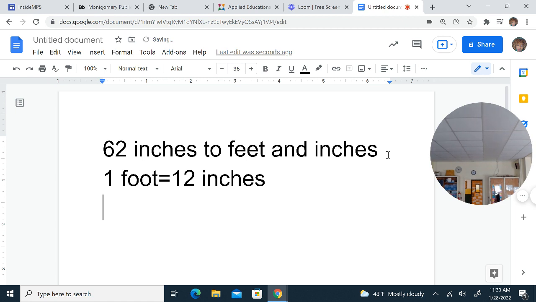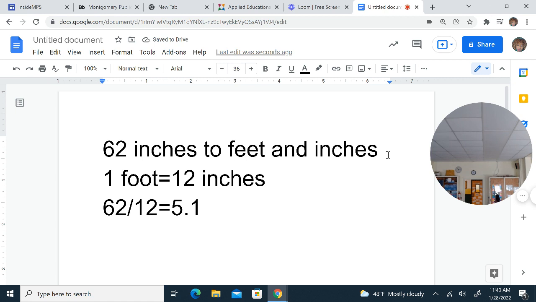Alright, so we got 62 inches. So what's our first step? We know 1 foot is 12 inches, so we're trying to figure out the feet and inches. So we know we got 62 divided by 12, which gives us 5.1.